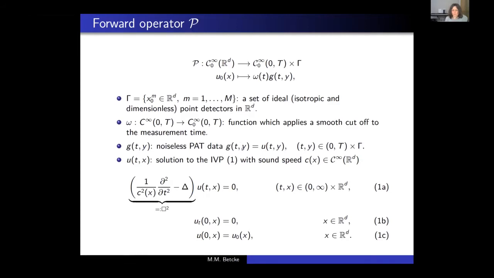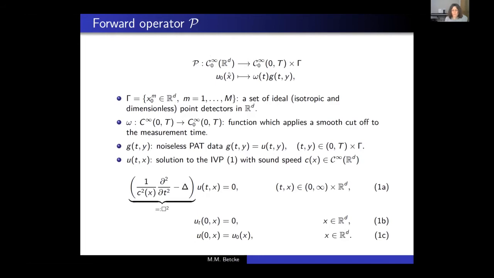These are time series on the series of sensors that are placed around the boundary. Our forward operator maps from the initial pressure to this data, and this is achieved by solving the initial value problem and recording the data on the boundary.